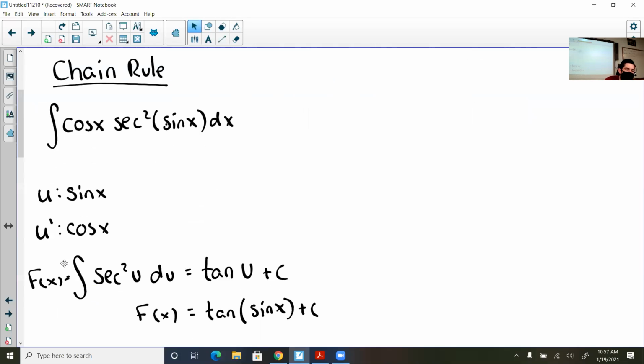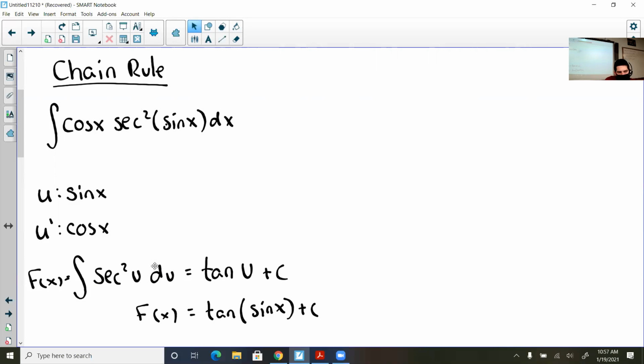Just to write it out with our notations, I said capital F of x is equal to, and if we were to take the u substitution, I would replace the sine of x with u, and replace the cosine of x with u prime.